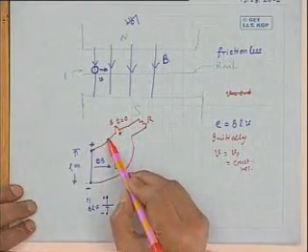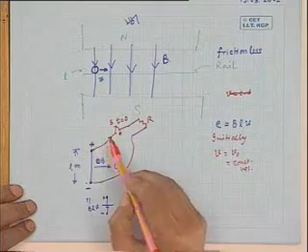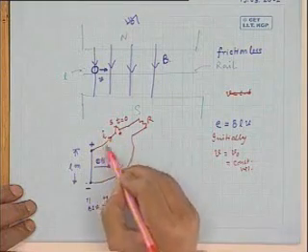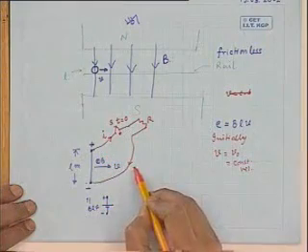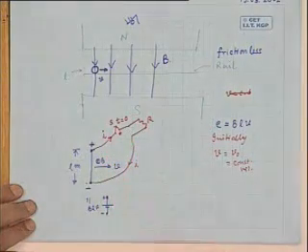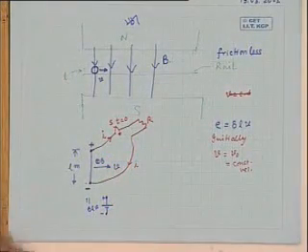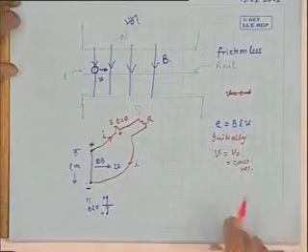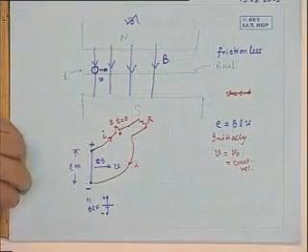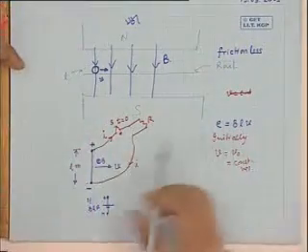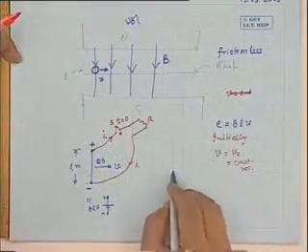Then, the moment you close the switch, the current in this circuit will be like this. Let the current be I, and it will complete its path like this. So, what will be the KVL equation in this loop?